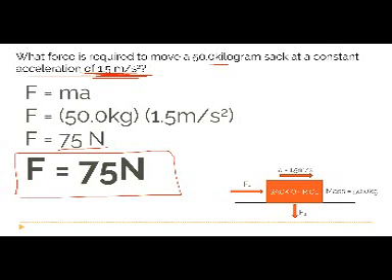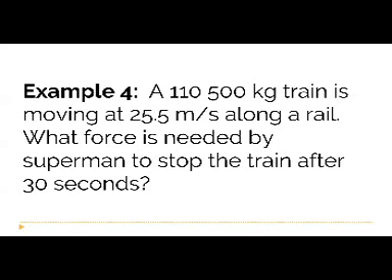Next, this is also an example of the law of acceleration. Example number 4: a 110 kilogram train is moving at 25 meters per second. So this is the mass of the train.